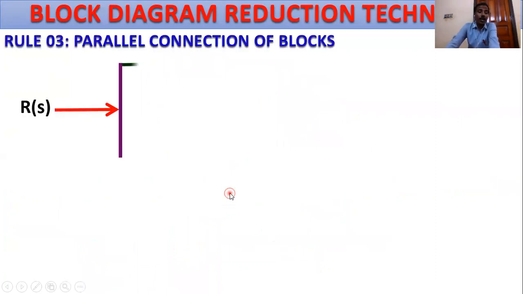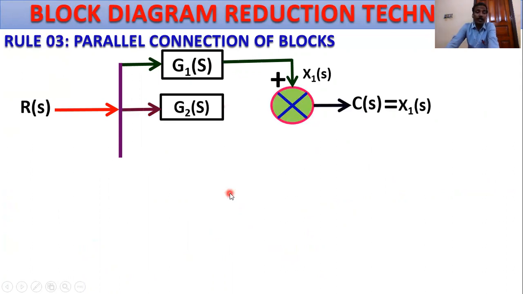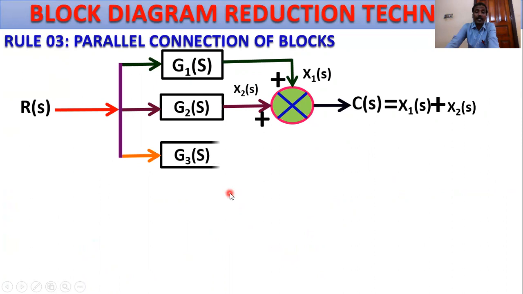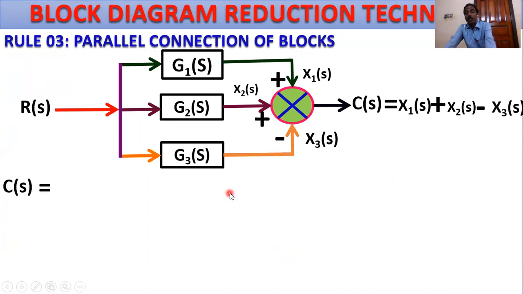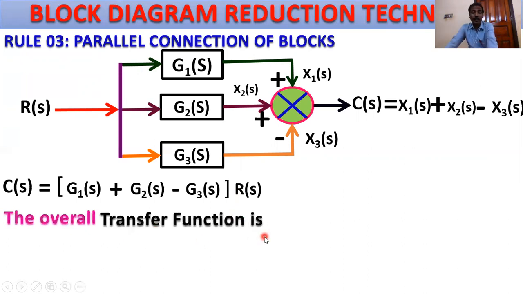So we already discussed this block. R(s) is the reference input, G1(s), G2(s), and G3(s) are connected in parallel, and C(s) equals X1(s) plus X2(s) minus X3(s). So C(s) equals G1(s) plus G2(s) plus G3(s) whole into R(s). Then what is the overall transfer function?